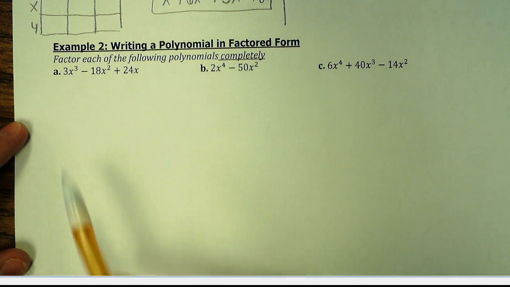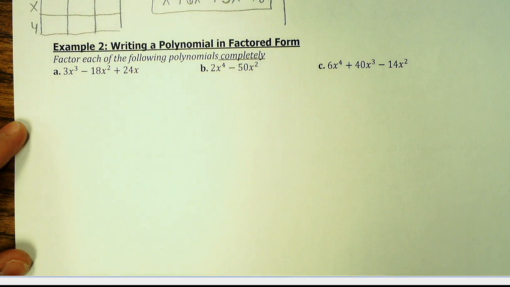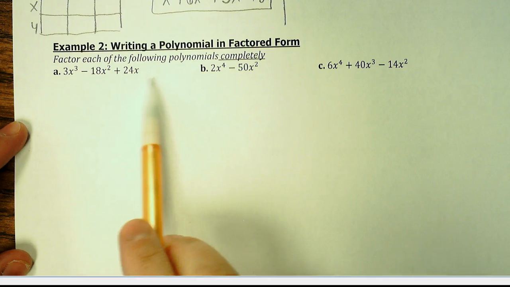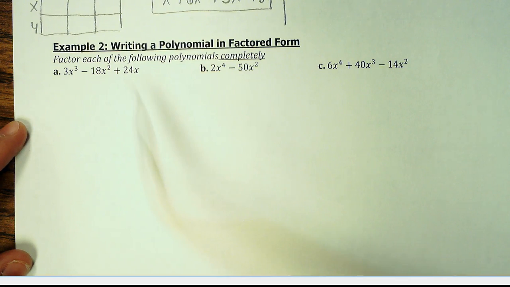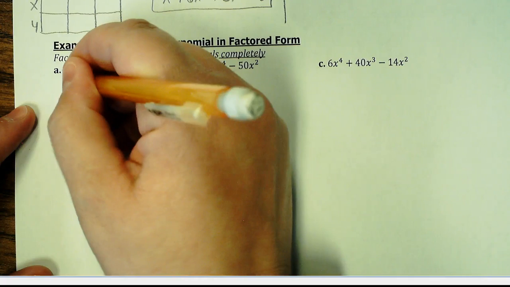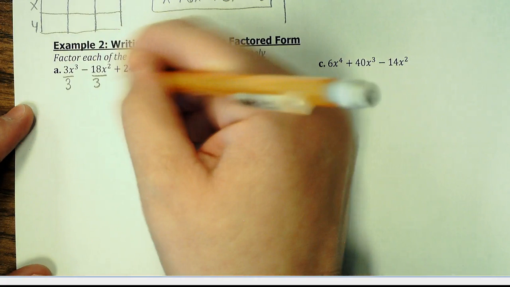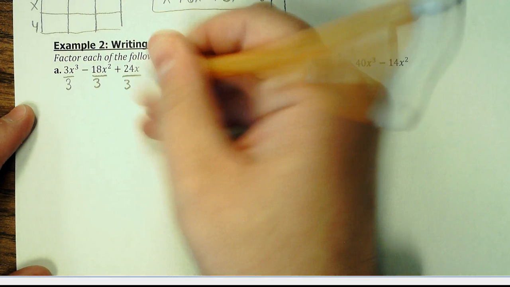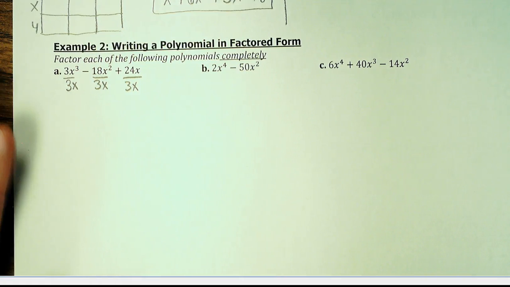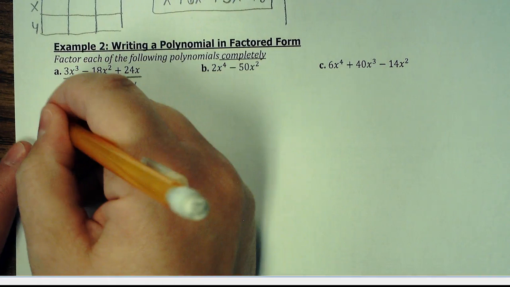Okay, first thing for any of these problems, what you should look at is, do the numbers have anything in common? And then also for each of the terms, do they have any variables in common? So I would say to you, all of these numbers are divisible by 3, and I have at least an x in each term. So I'm going to factor that out in front by dividing that.